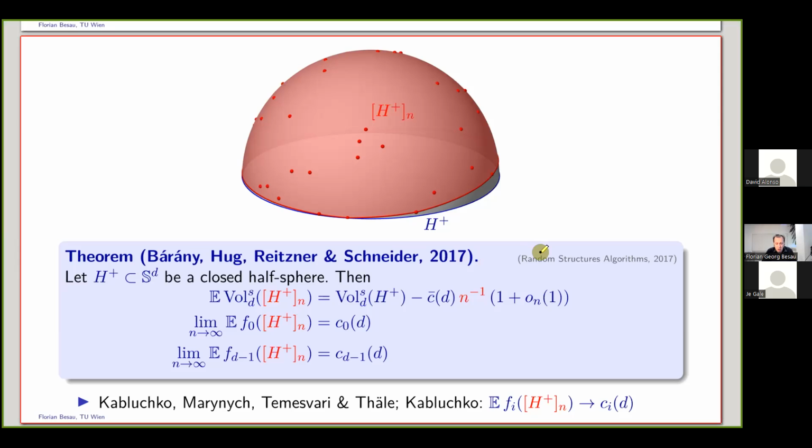And here the remarkable observations were, first of all, if you look at a random polytope in the closed half sphere and you measure the volume, then in expectation this behaves like so. You get the volume of the closed half sphere in the limit, and the rate of convergence is 1 over n. So 1 over n is faster than anything we have seen in the Euclidean results.